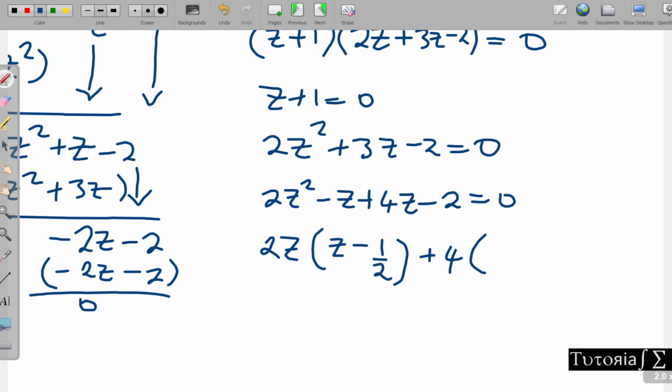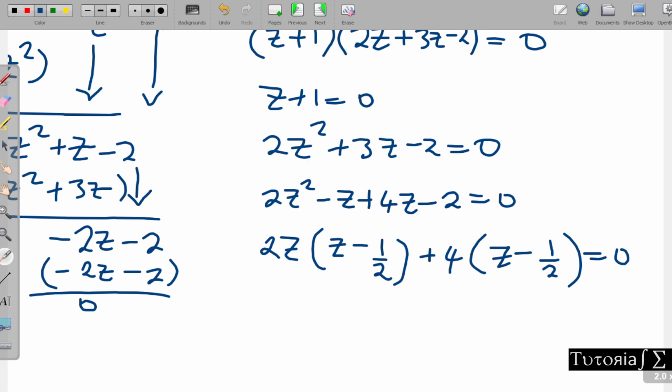You factor out 4, and we remain with z minus 1 over 2, equal to 0. When you distribute this and this, you should get back to that.